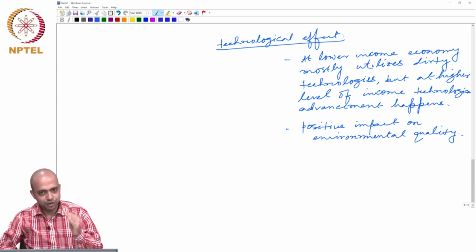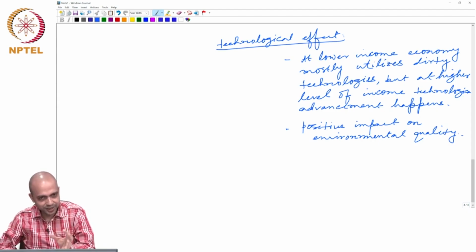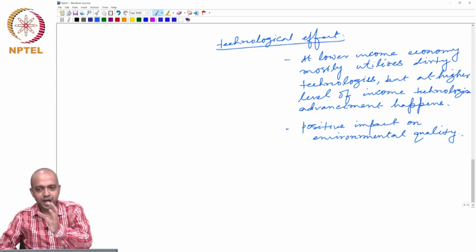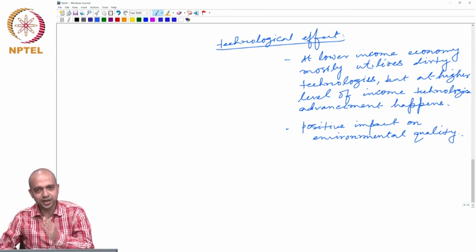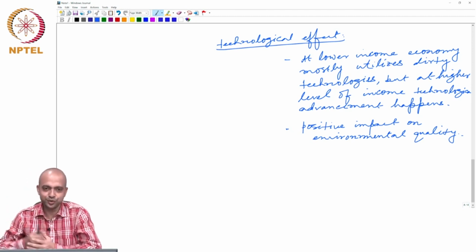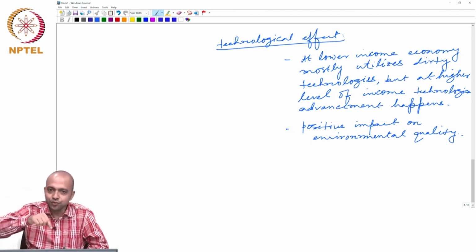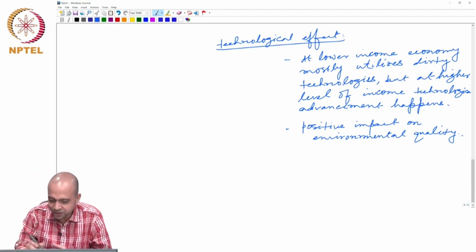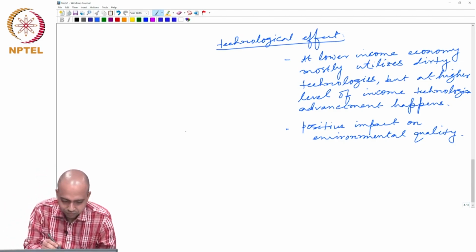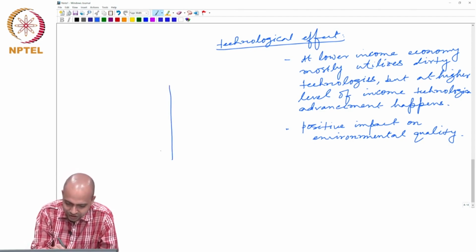Therefore, pollution per capita starts growing at a faster rate than income at the initial level, and at a higher level of income, pollution grows at a lower rate compared to income per capita, and we observe an inverted U-shaped relationship. So, I will explain once again what happens at the initial stages.